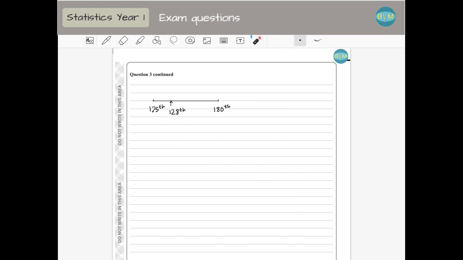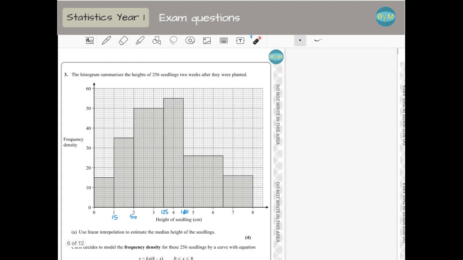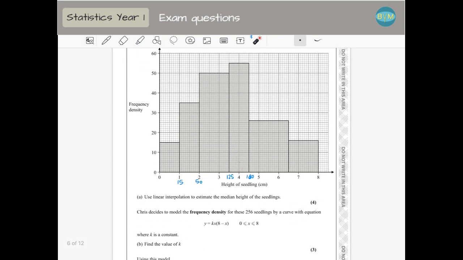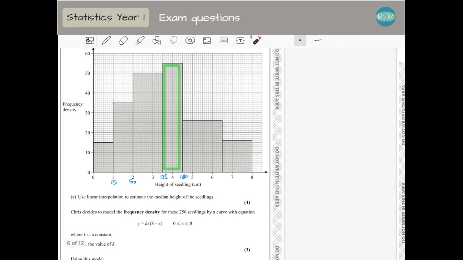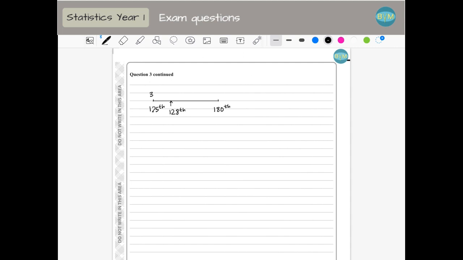And on the other side, I'm going to write the limits of the interval, because I'm working with this one. It is going to be 3.5 and 4.5. So 3.5 is this value, 4.5 is this one. And this is going to be my Q2.